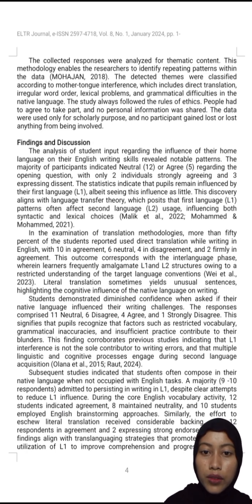This aligns with the interlanguage concept, where learners mix first language and second language structures due to limited understanding of English conventions. Students reported less confidence regarding their writing challenges, indicating that factors like limited vocabulary, grammar mistakes, and insufficient practice also play a role.